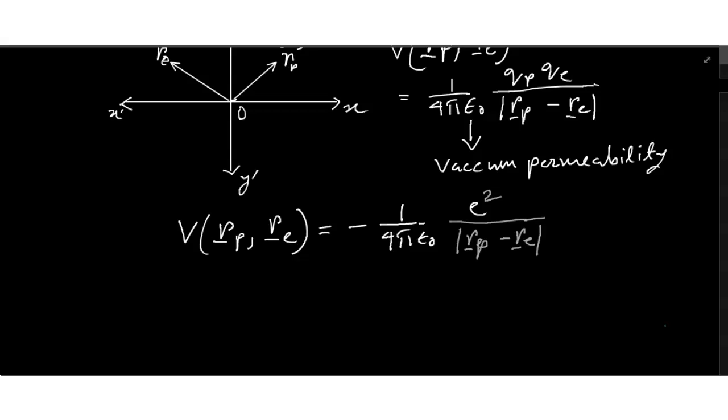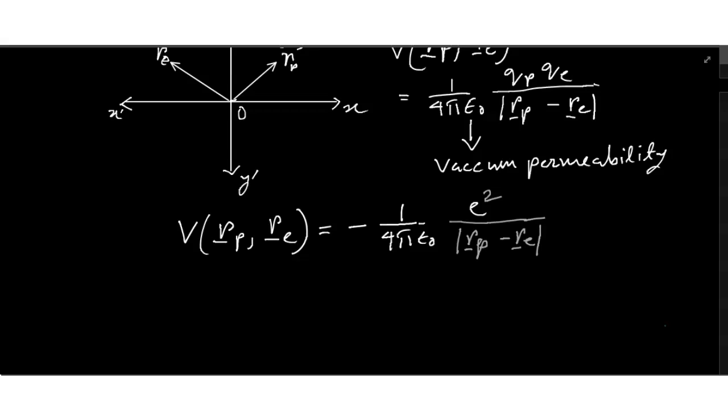If we now consider the proton and electron to be quantum particles, then all we have to do is apply the usual quantization rule and promote the classical electrostatic potential to be an operator.